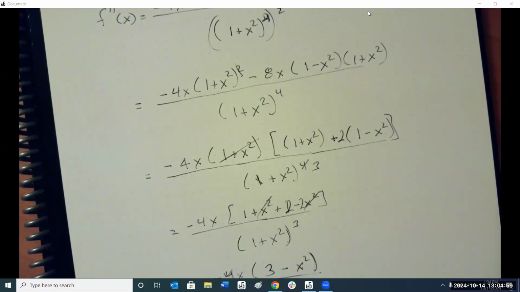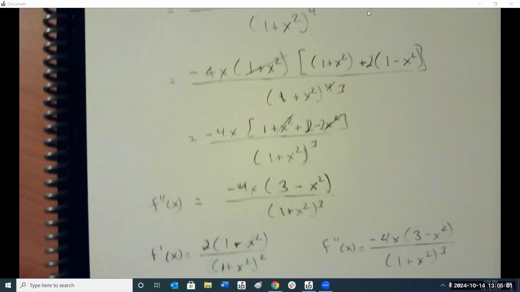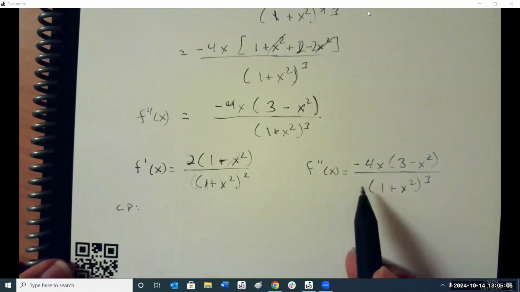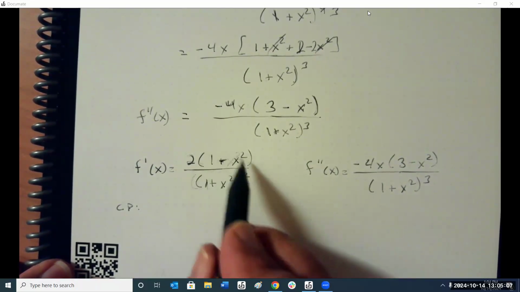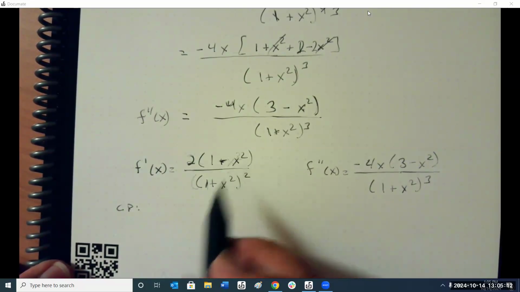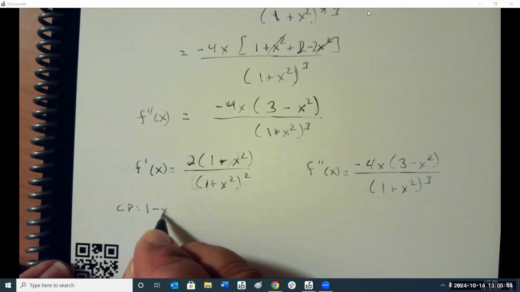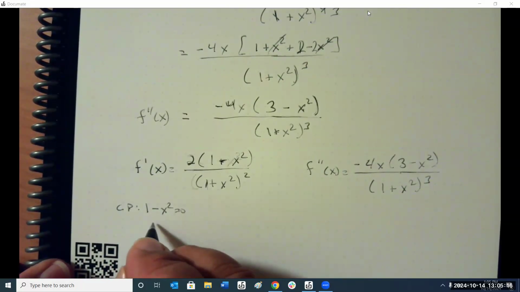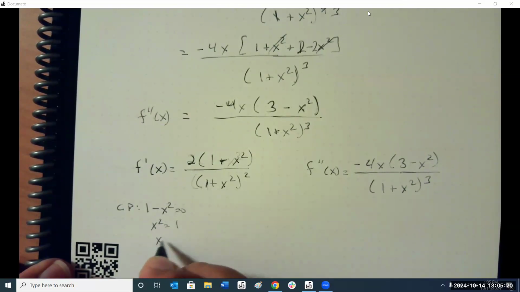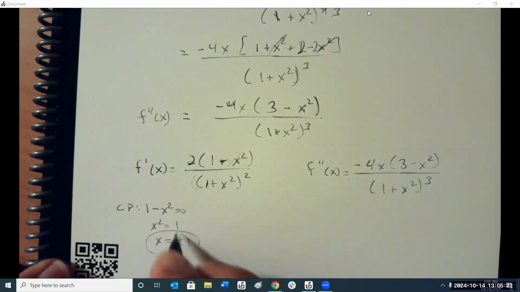So the critical points. That's my first derivative, that's the second derivative. Critical points are where it equals 0. So I take the top and set it equal to 0. 1 minus x squared equals 0, x squared equals 1, so x is equal to plus or minus 1. Those are my critical points.